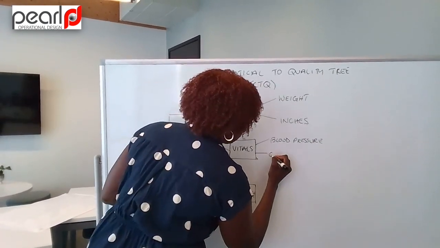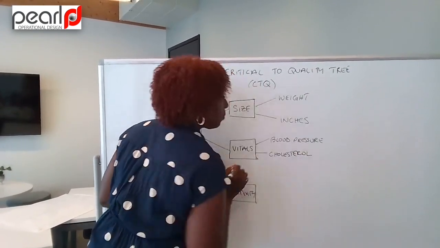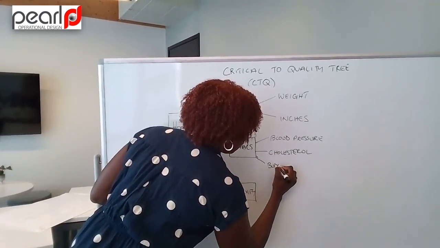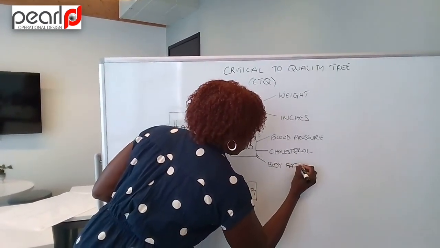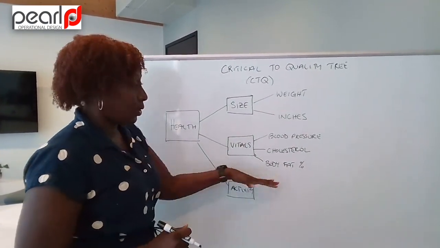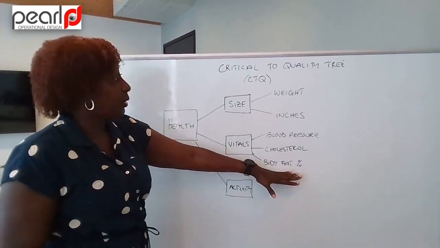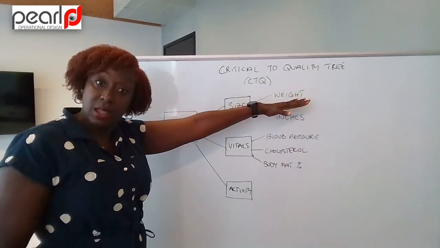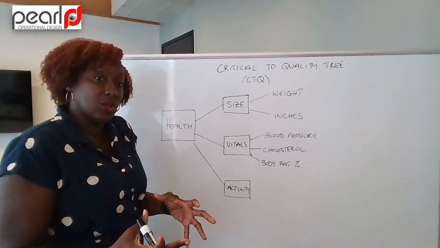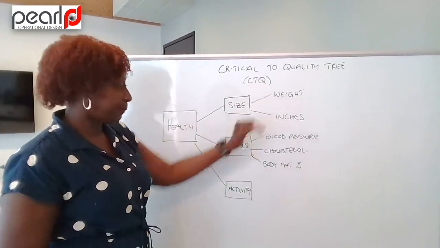They may look at, as we said, your cholesterol. They can look at your body fat percentage, right? This is what, Johan, you were referencing when you said, well, muscle is more than fat. So this can be going down, but your weight may still be the same. But if you were measuring this along with this, you will see that whatever activities you are doing to improve your health, you are impacting this first before you got to this.